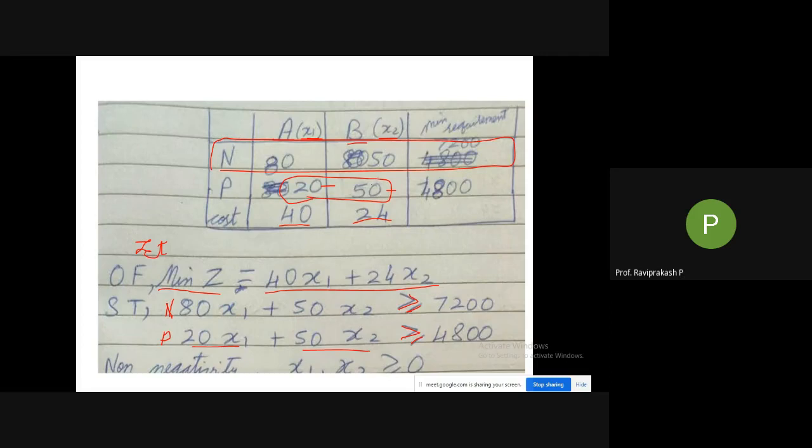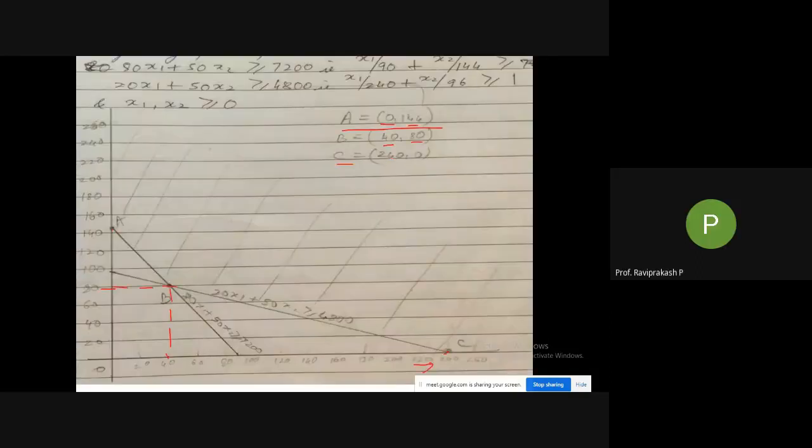That is my requirement, right? More than the nitrogen requirement, more than the phosphorus requirement. So this is how we need to go about it. So I hope I have answered your question.